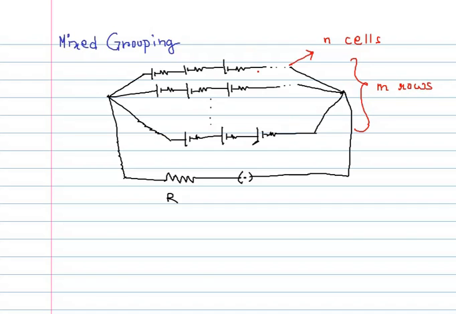So for each row, the net EMF, E net, is equal to the number of cells into EMF of each cell, which is E. And for each row, the net resistance is n into r, where r is the internal resistance of each cell.